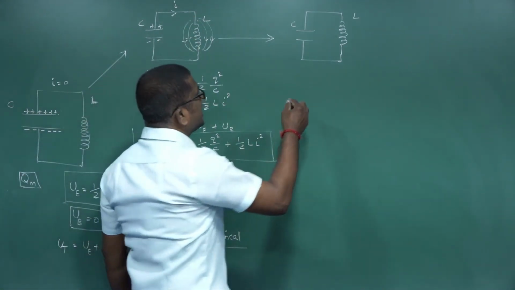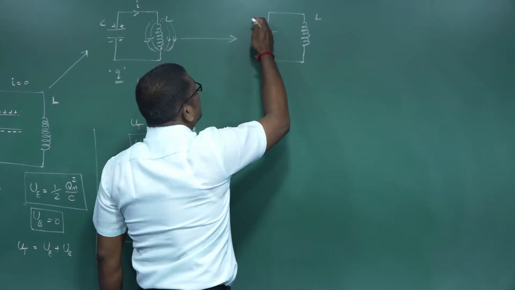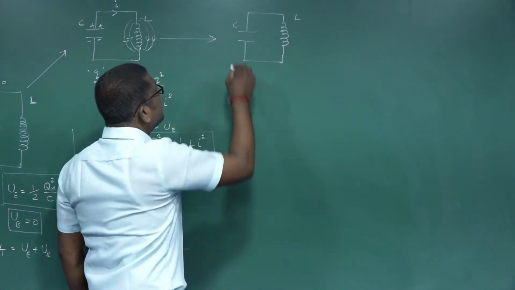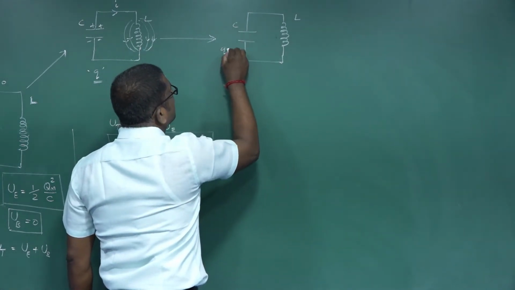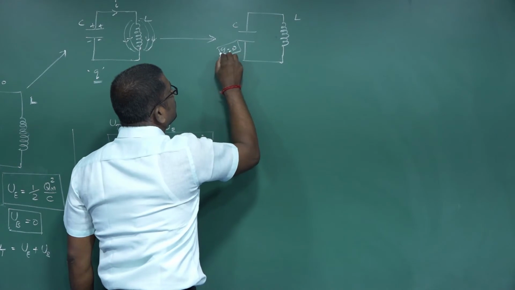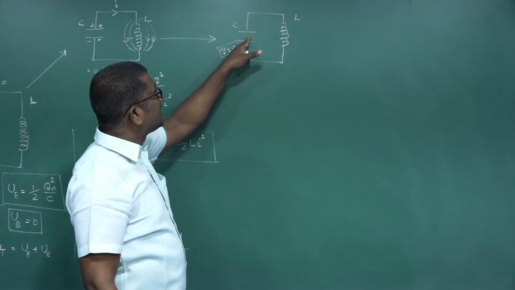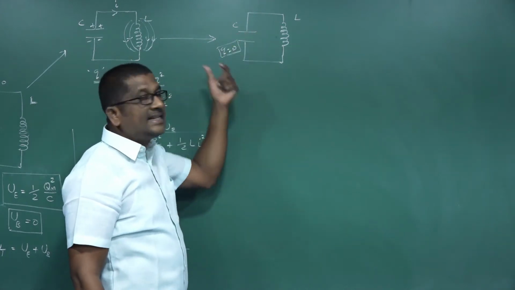Next, suppose the capacitor is completely discharged. That is, the charge in the capacitor is zero. If the charge in the capacitor is zero, what about the electrical energy in the capacitor?